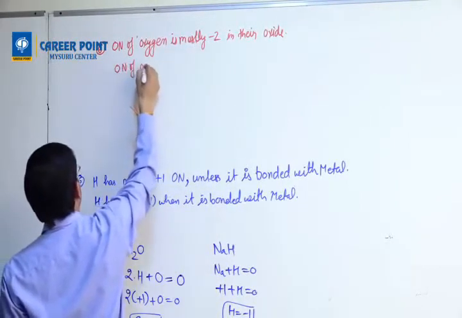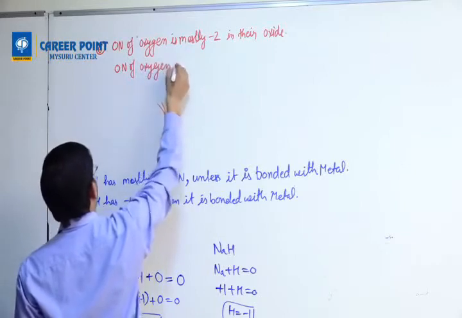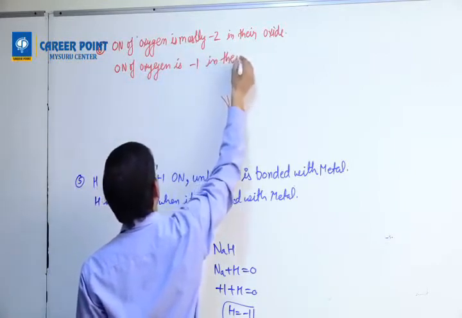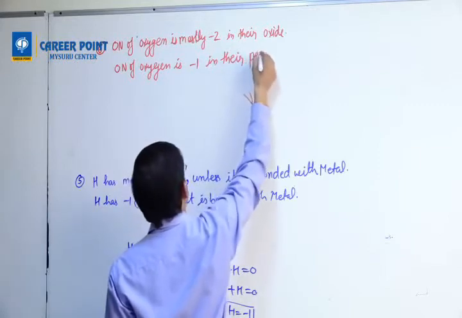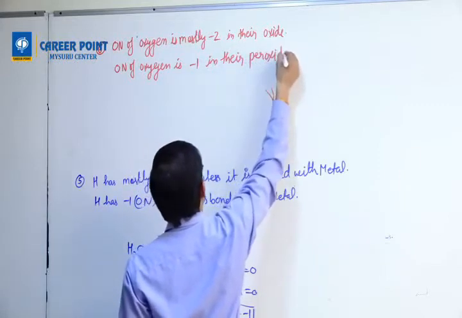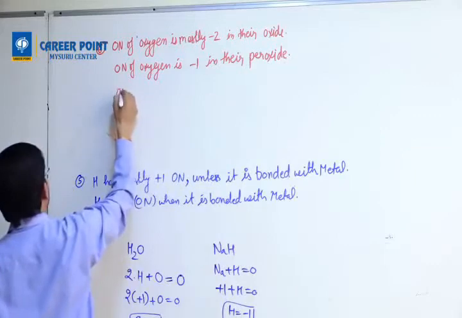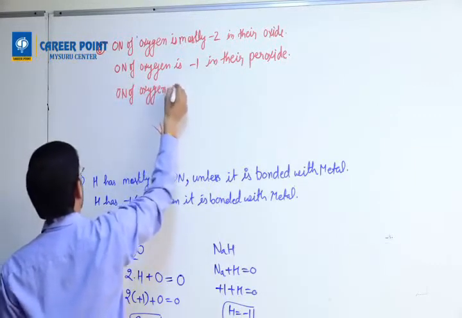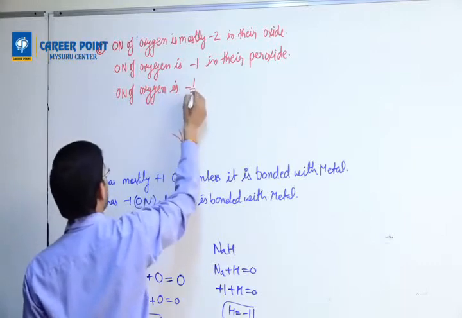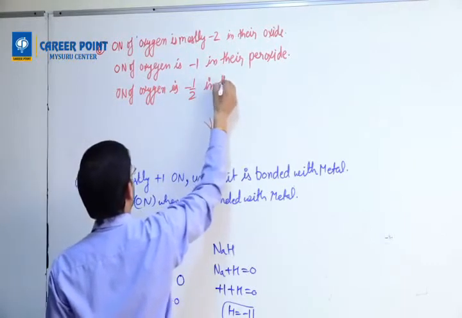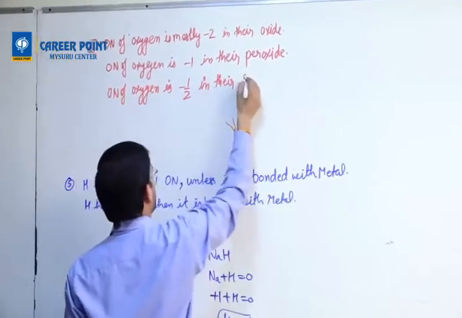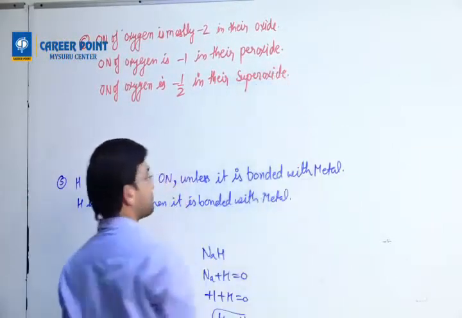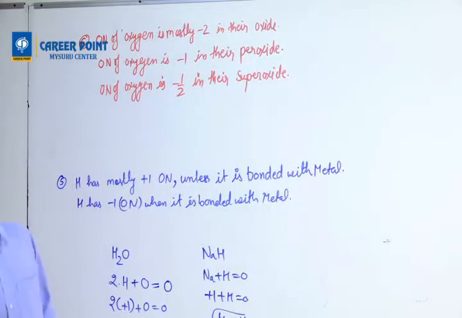Oxidation number of oxygen is -1 in their peroxide. Oxidation number of oxygen is -1/2 in their superoxide.